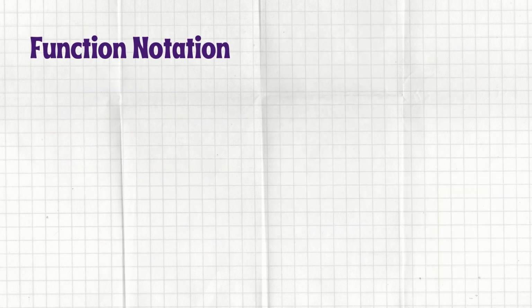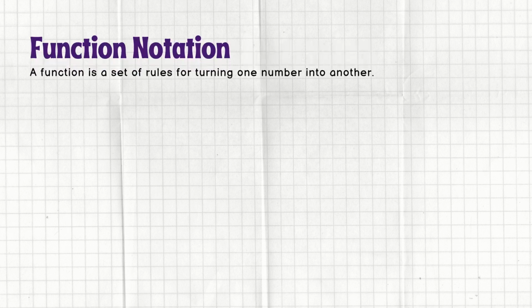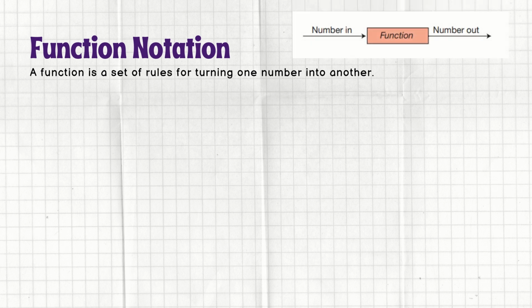Next is function notation. A function is a set of rules for turning one number into another. You can see on the graph, if we put a number into a function, it will produce another number.